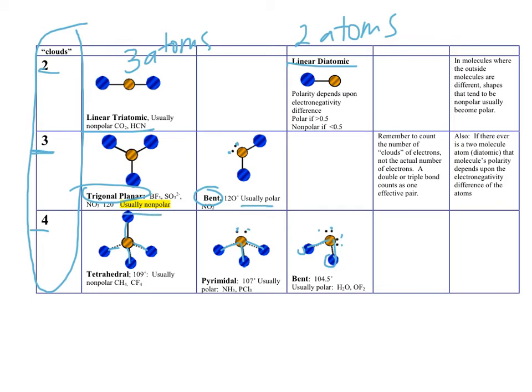So for example, for a linear diatomic, you just have to determine the polarity based on the scale from the covalent bonds video. If it's pyramidal, it tends to most likely be polar. So you can use this table to determine not only the shape, but also the polarity. There are a couple notes about the polarity over here, so we're going to use these in class when you practice these on your own.